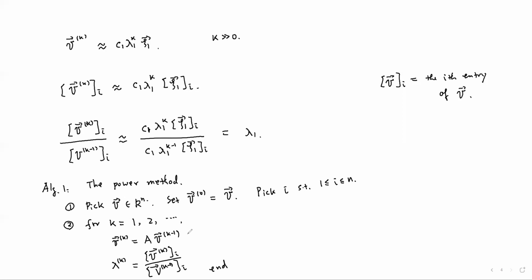Let me show you one example about this method. Take a look at this example. Consider this matrix, with entries negative 1, 2, 2.